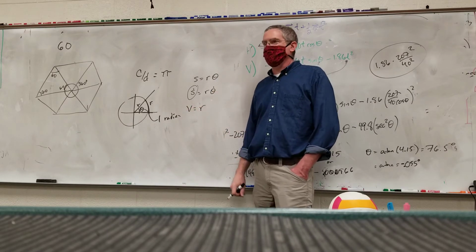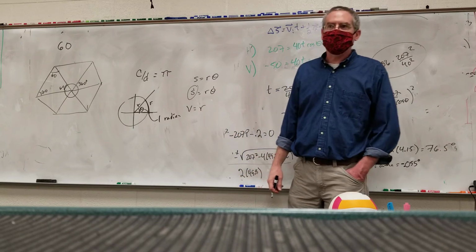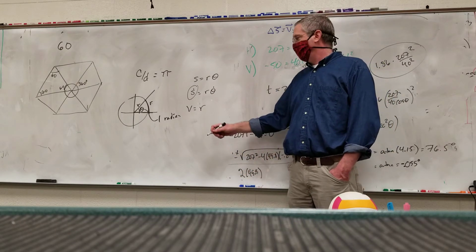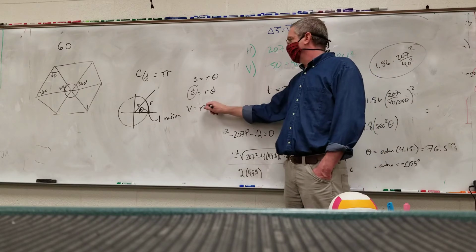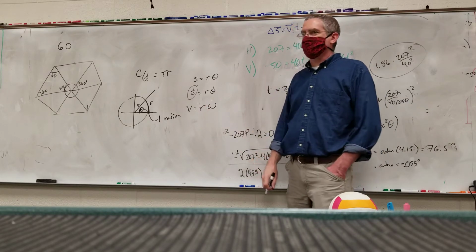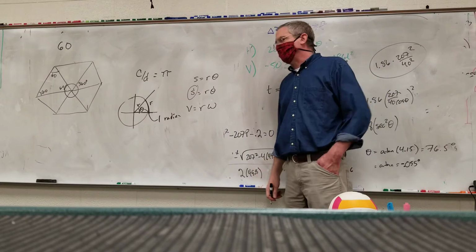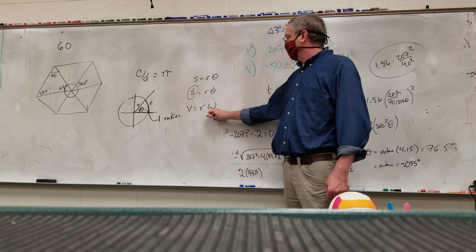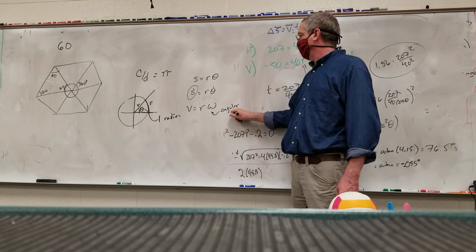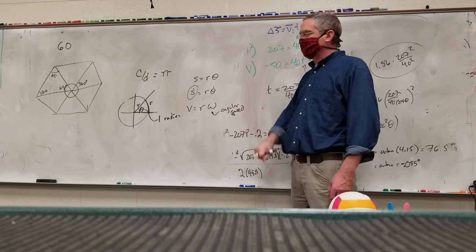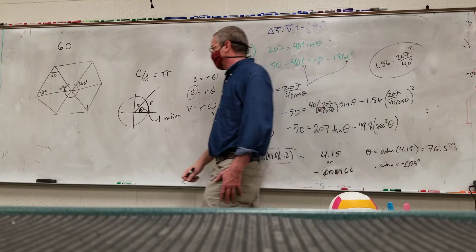And the derivative of an angle with respect to time? Angular velocity. Angular speed. There we go. I got really clever with the names there. Angular speed, rotational speed would also work, but this is angular speed. In SI units, it has units of radians per second.